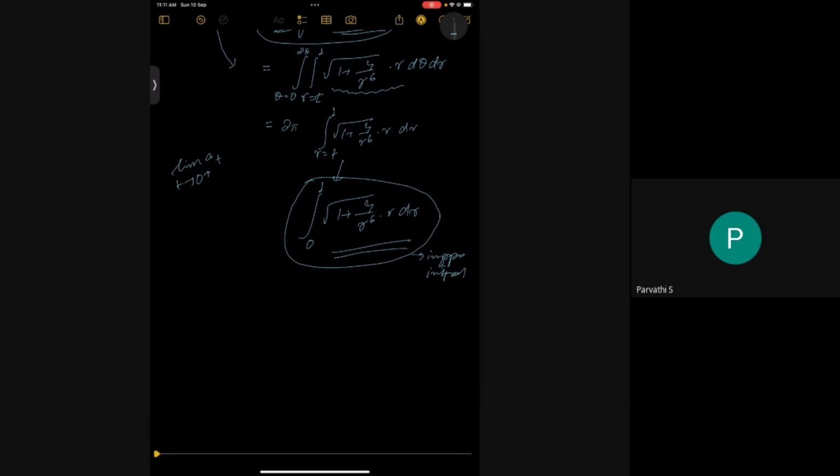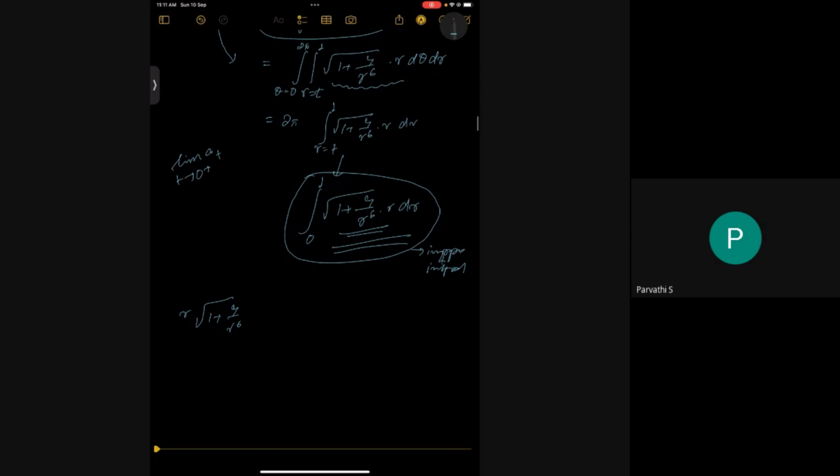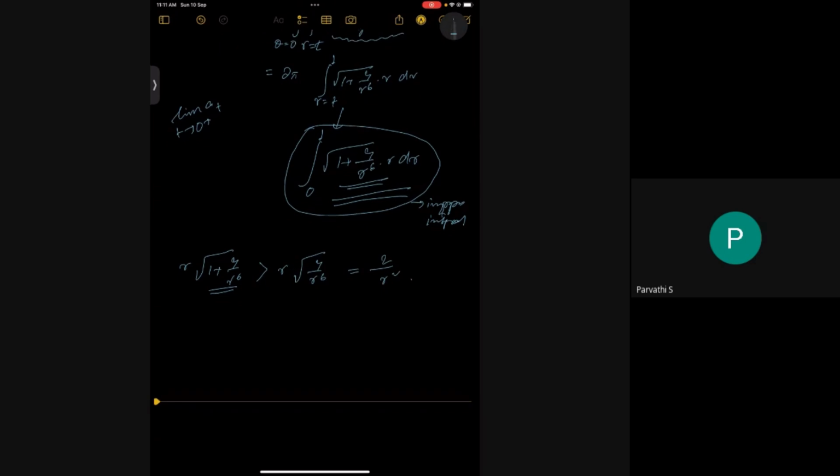If you note, this expression r times the square root of 1 plus 4 r to the 6 is actually greater than r times the square root of 4 r to the 6, because there is a 1 here, and that is exactly equal to 2 by r squared. And if you integrate 2 by r squared dr between 0 and 1, this is divergent. You can check.